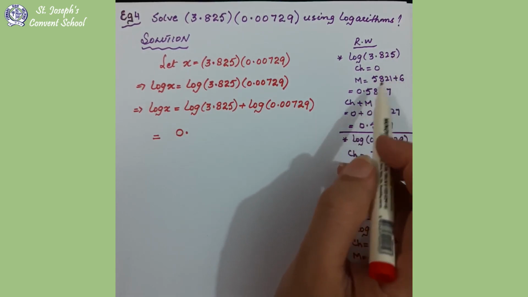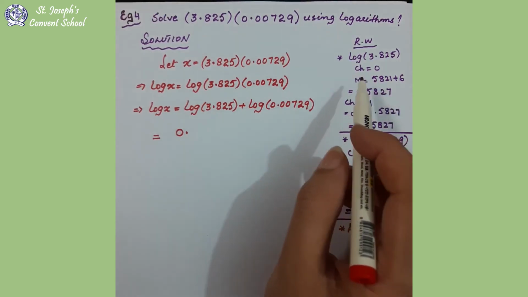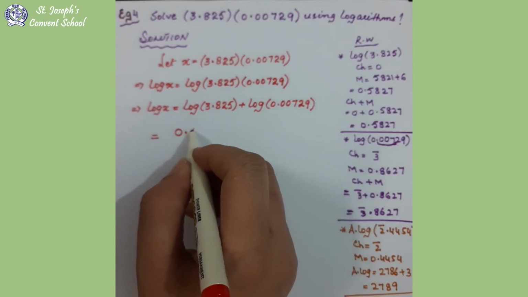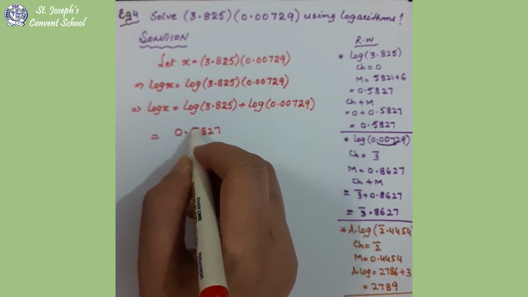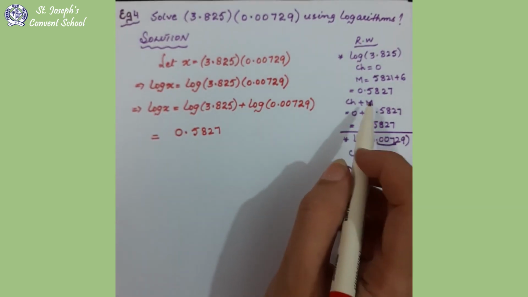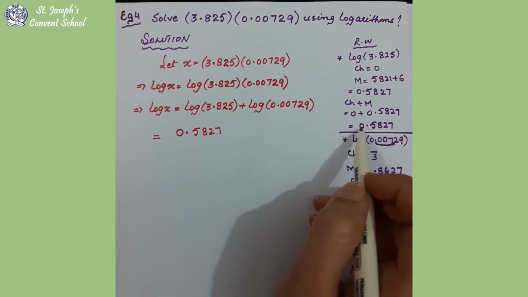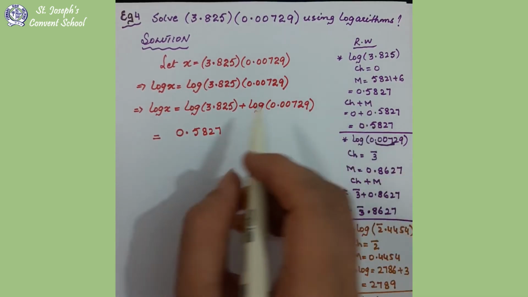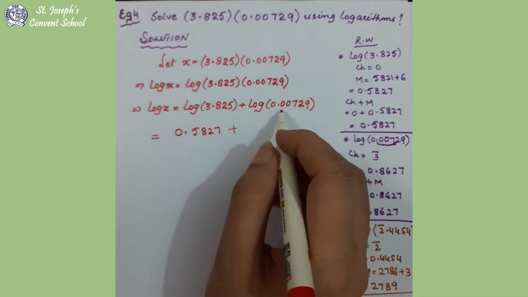So you will add these two, you will get 0.5827. So you will write it here 5827. Okay, or you can solve it further, characteristic plus mantissa. After adding also you'll get the same answer, 0.5827. Okay, plus log of this number.